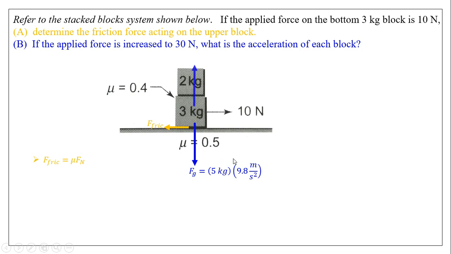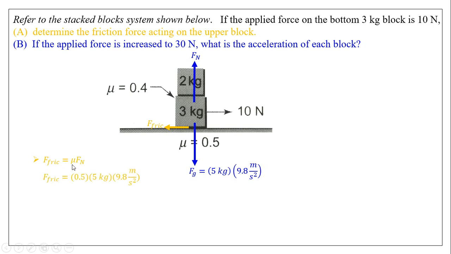Therefore, I know that the reaction force exerted by the floor onto the 3 kilogram block, which in this case includes the 2 kilogram, is the norm force here. But the norm force here in this particular problem, relative to this bottom surface, is just the F of G value. So here's F of G of the system, and F of G is being pushed up by the floor, which is F of N. So therefore, I know the magnitude of F of N and F of G must be the same.